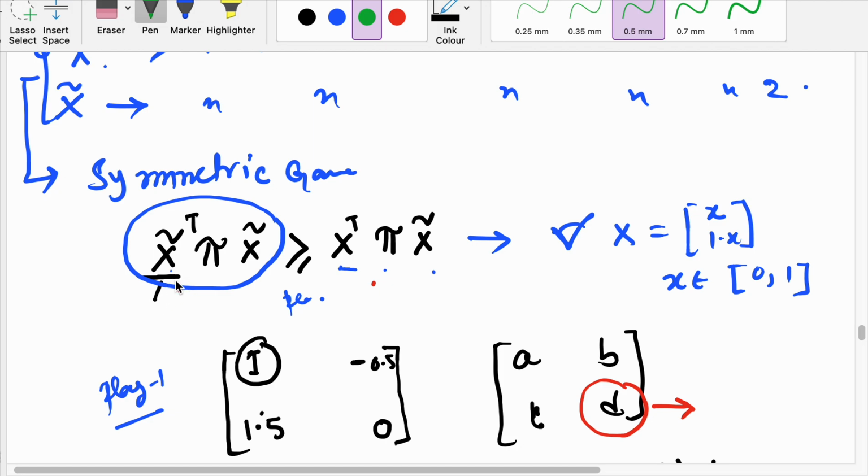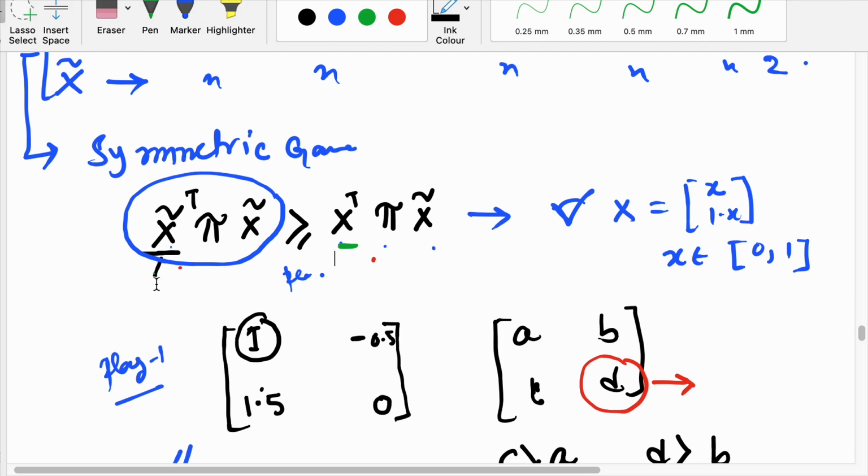That means she will have no incentive to change her Nash strategy to any other strategy x. This is the definition of the Nash equilibrium, and for the mixed Nash equilibrium the definition remains the same as in the strict Nash equilibrium.